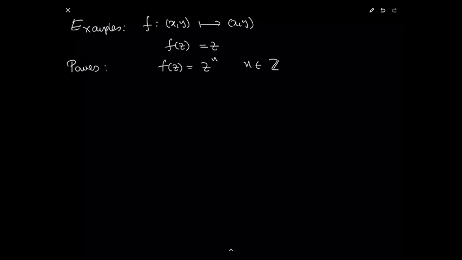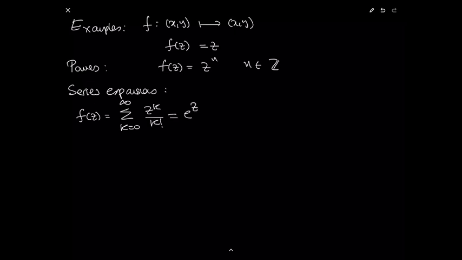And if we can do powers, we can do series expansions. So we can construct a lot of the elementary functions you're used to. So for example, we can have f of z is nothing more than the sum from k equals 0 to infinity of z to the k over k factorial. And what's that? E to the z.